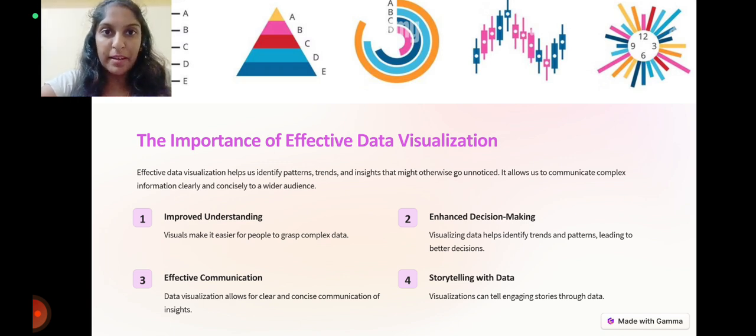Let's see one by one. Improved understanding, which helps to improve the understanding. That means visuals make it easier for people to grasp complex data.